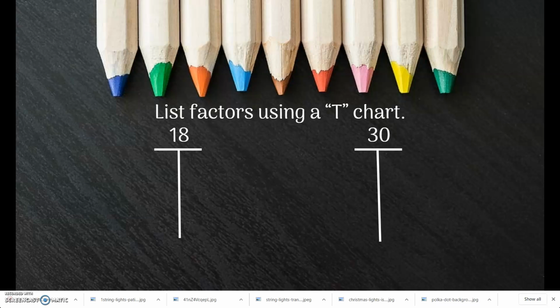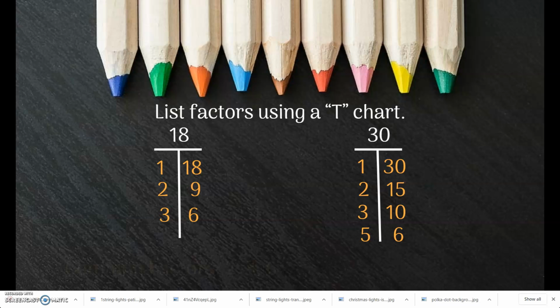Another example of finding greatest common factor is to continue using a T-chart where we find the factors of 18, which are 1 and 18, 2 and 9, 3 and 6. Then we find the factors of 30. So we have 1 and 30, 2 and 15, 3 and 10, and 5 and 6.